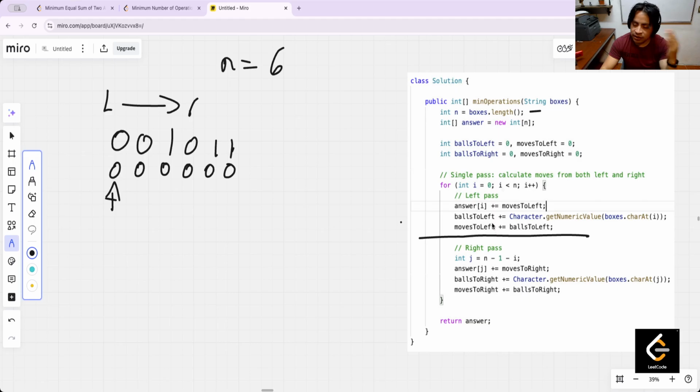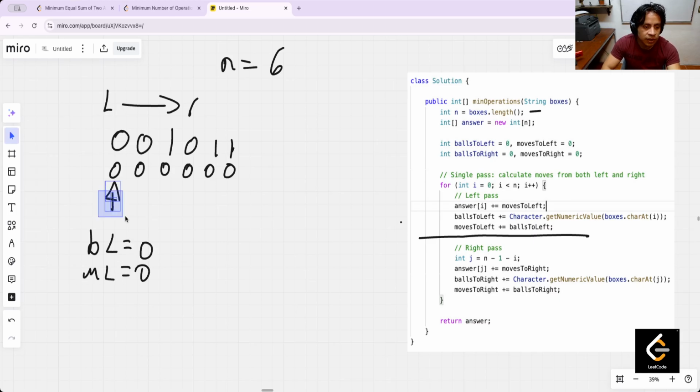Where it is 0, it stays at 0. Where it is 1, it increases by 1. And now moves to left plus equal balls to left, which is 0. Let me put here balls to left and moves to left. Both are 0 at this moment.